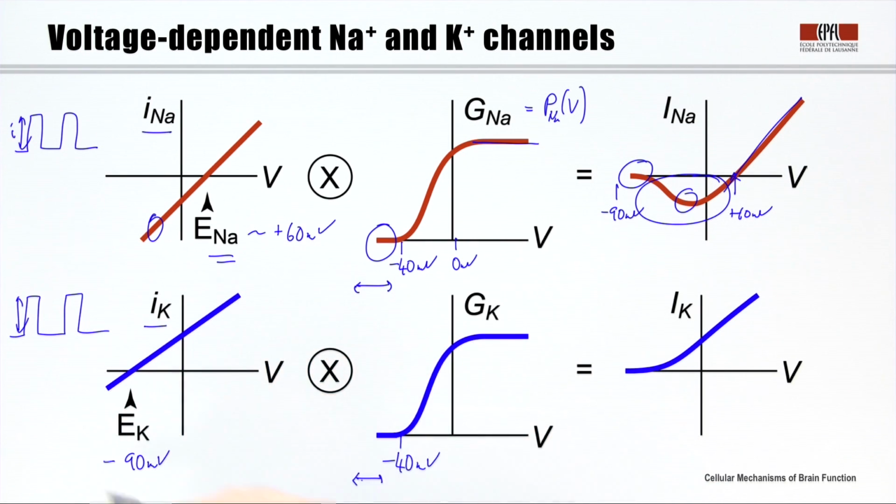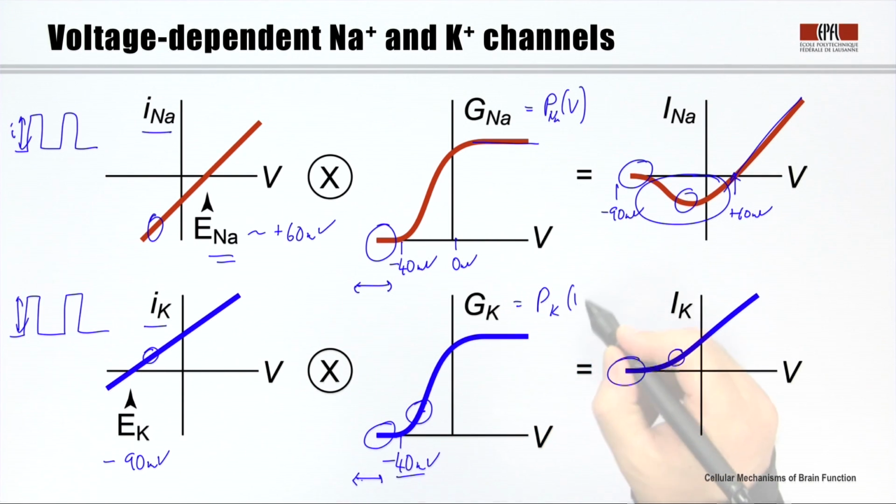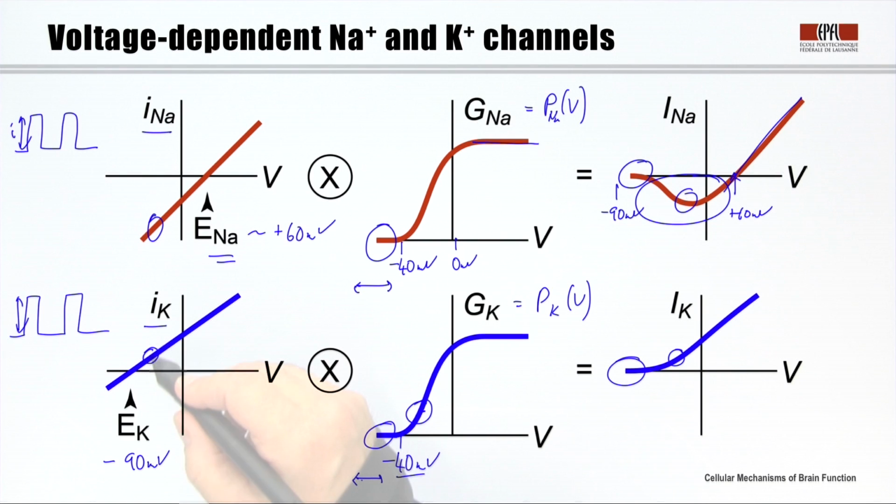For the voltage-gated potassium channels, the situation is very similar. At negative potentials, the conductance is basically closed, and so there's nothing carried by the voltage-gated potassium conductance. As we depolarize beyond minus 40 millivolts, it activates, and we see an outward current that we can compute by multiplying the overall open probability of the potassium channel with respect to voltage and the single channel currents that go through it.